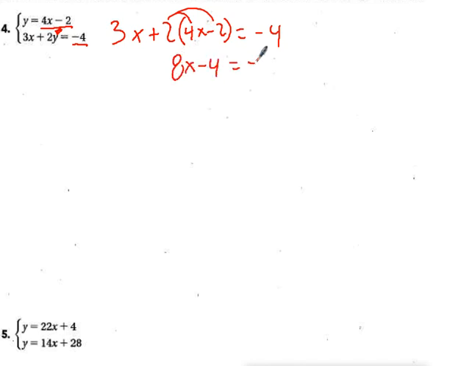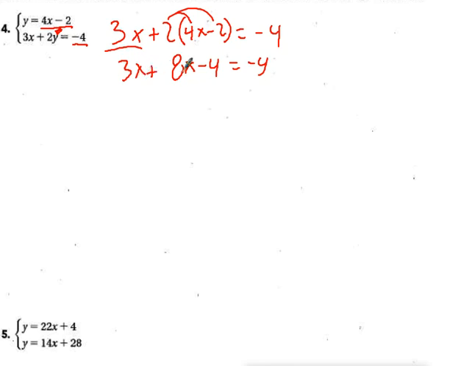Since this is already in slope-intercept form, I'm going to substitute that in here. So 3x plus 2, instead of y, I'm going to write 4x minus 2, and that is all equal to negative 4. All right, distribute. So I get 8x minus 4 is equal to negative 4, but I still have this 3x.